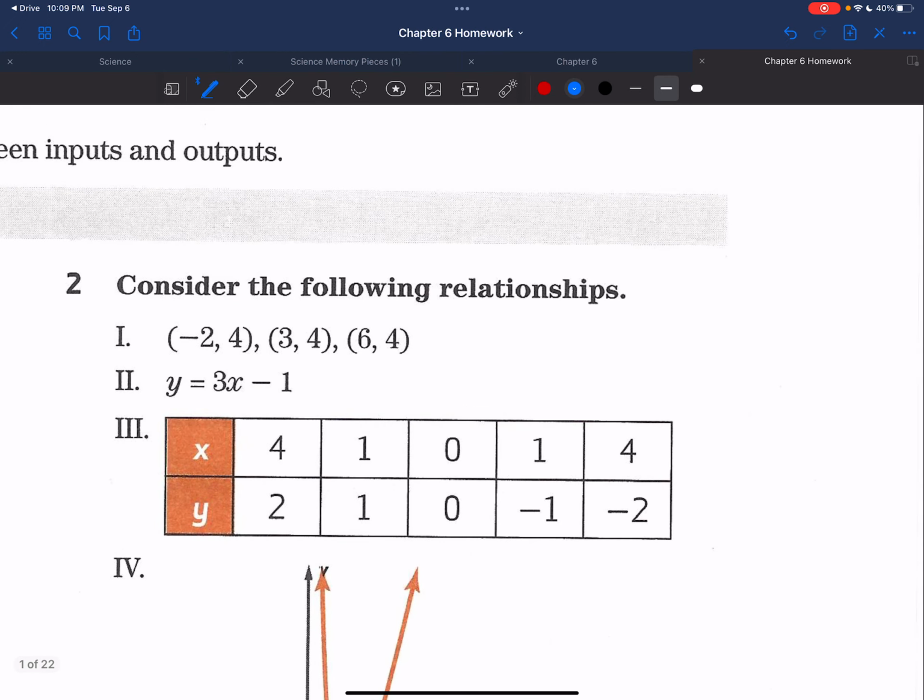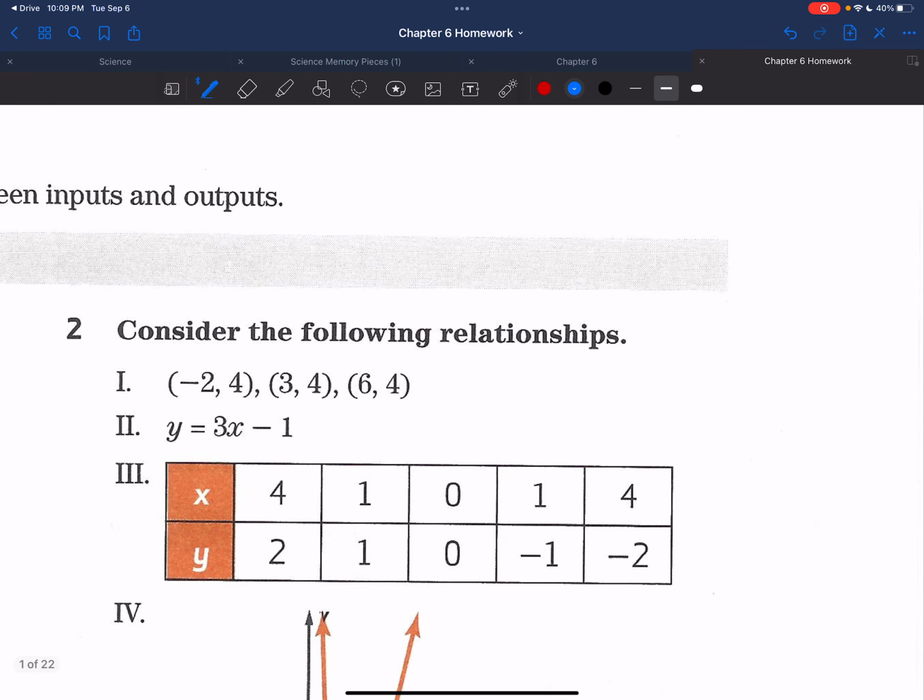So let's take them one at a time. On this one, I want to check the x's. They're all different, so this is a function. It's not 1-to-1 because the y's are all the same, but the x's are all different.